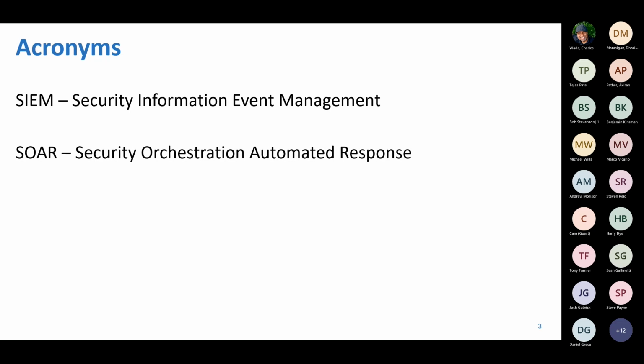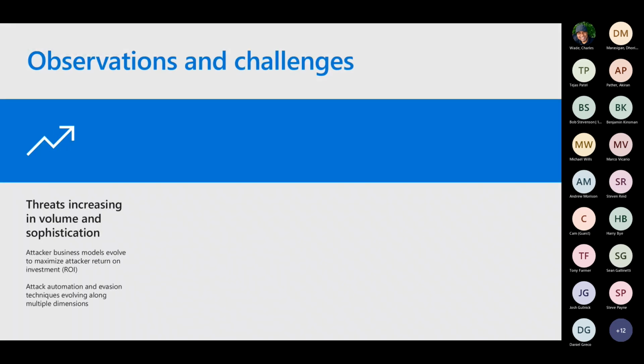These are the two terms that we will be using a lot, very closely associated with Sentinel. Now, as I'm sure most of you know, today's session is focused around security.